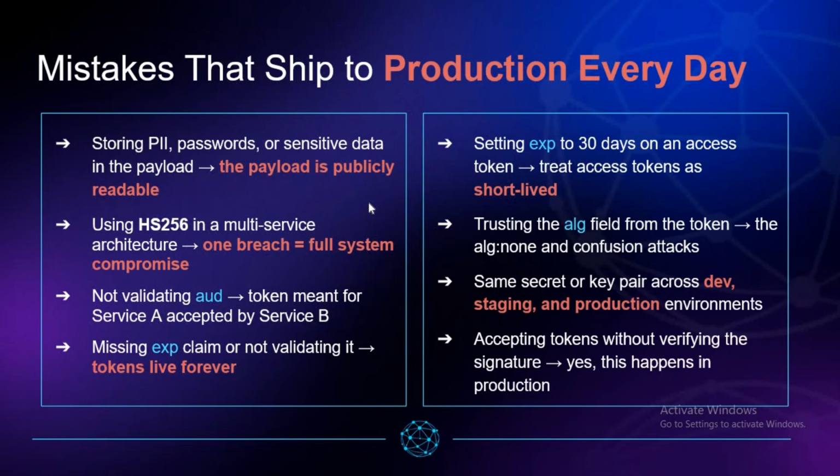Setting expiry to 30 days on an access token. Access tokens should be short-lived. Trusting the algorithm field from the token. Both the attacks we covered exploit this. Using the same secret across development, staging, and production. One environment breach compromises all 3. And accepting tokens without verifying the signature. And yes, this happens in production.